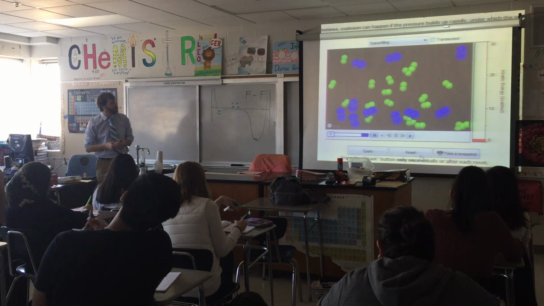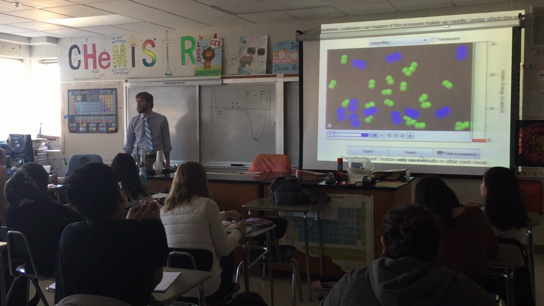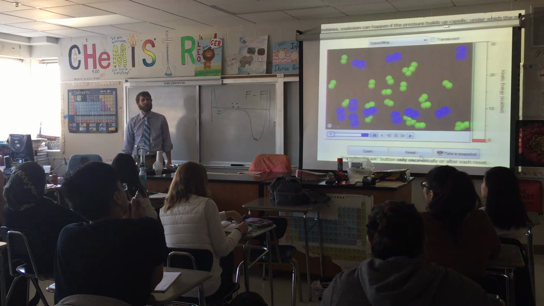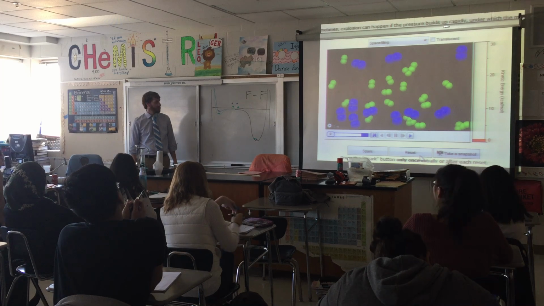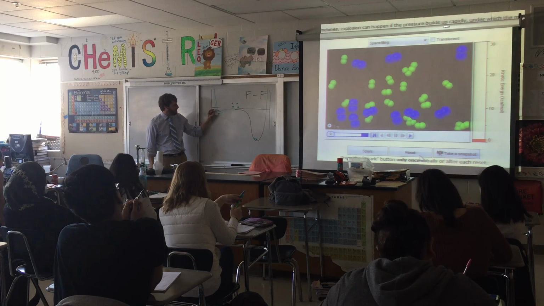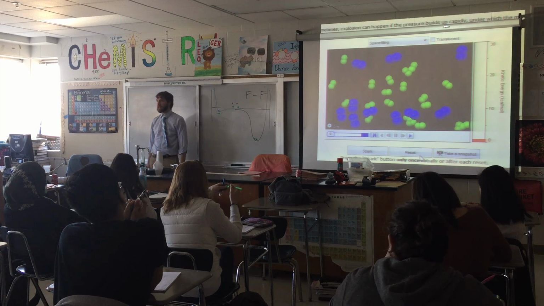Those green-blue bonds that were formed must be a lot stronger than the green-green or blue-blue bonds that we broke. Okay? So conceptually, we can think about pulling these things apart and then allowing them to come back together.